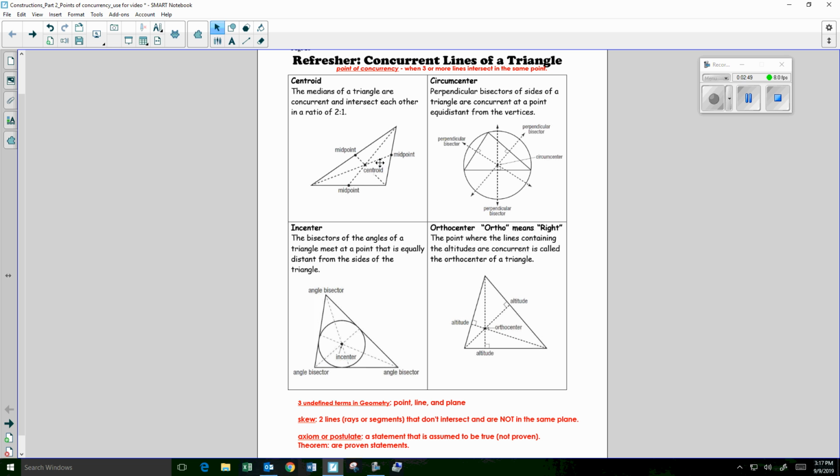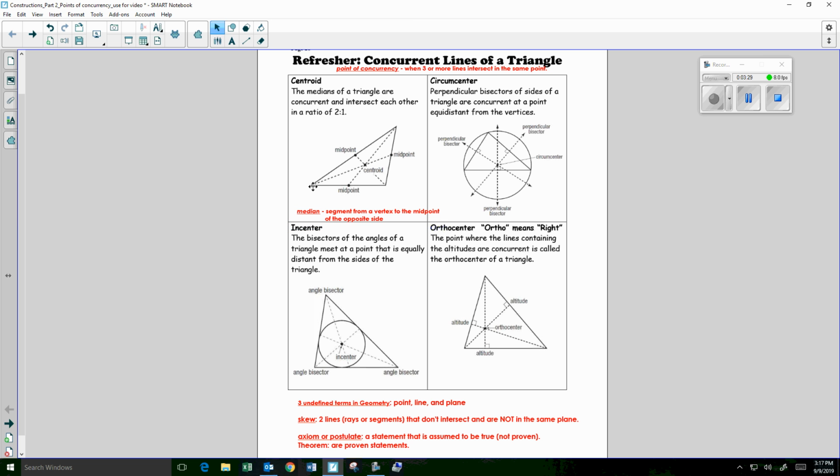The 3 midpoints intersect. Or no, this is called a median. A median is a segment from a vertex to the midpoint of the opposite side. So now you have another vocab word, median.